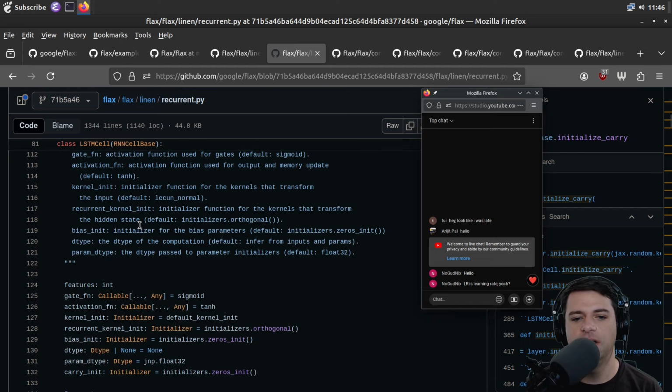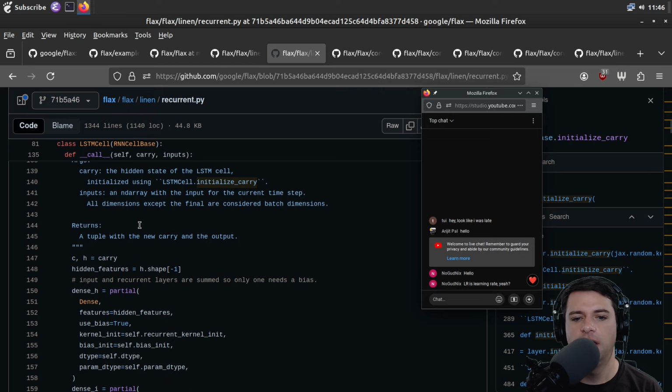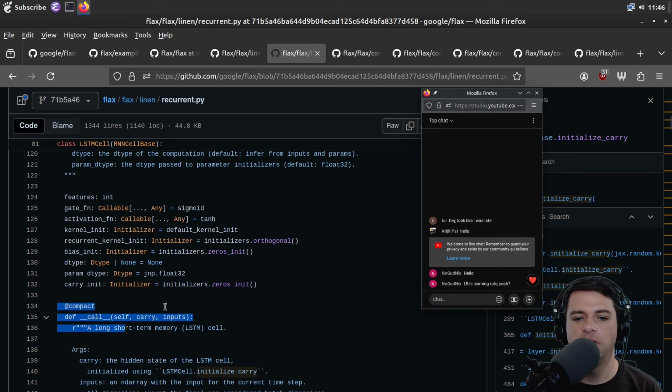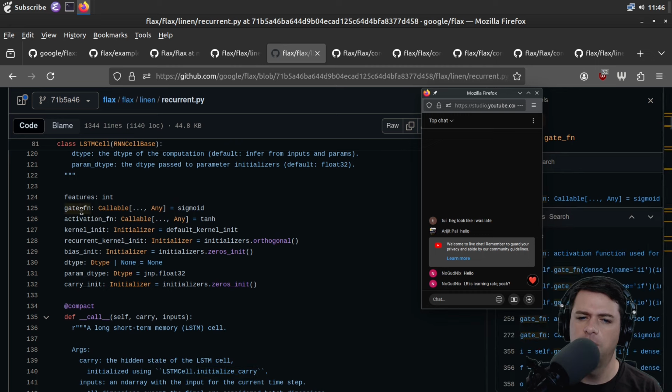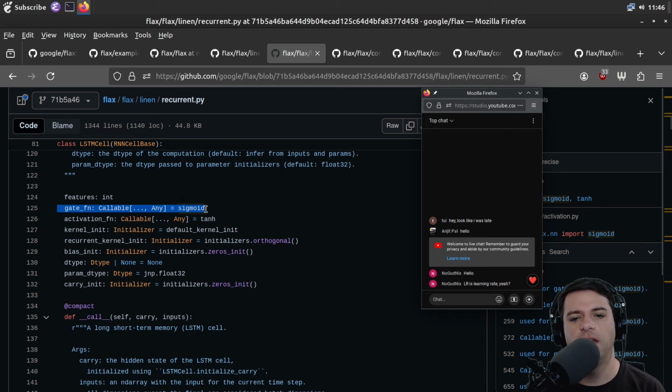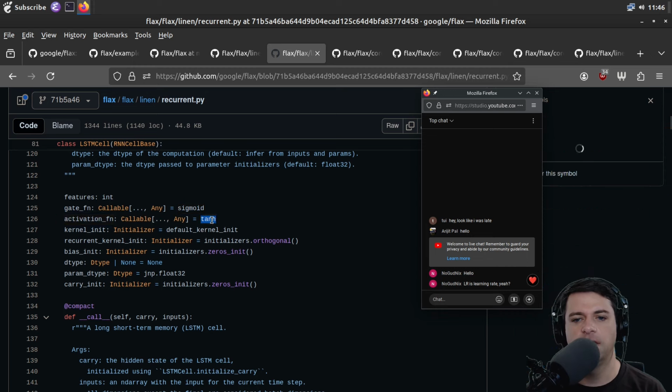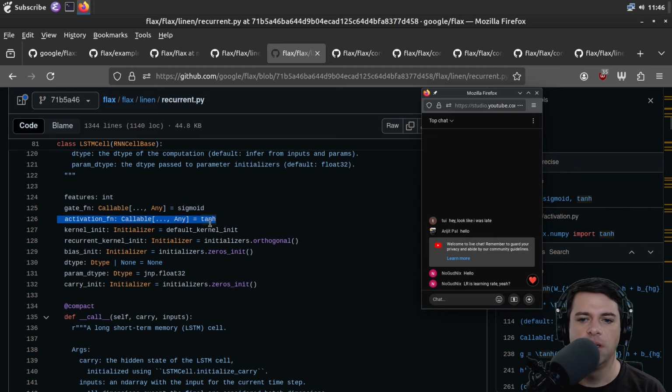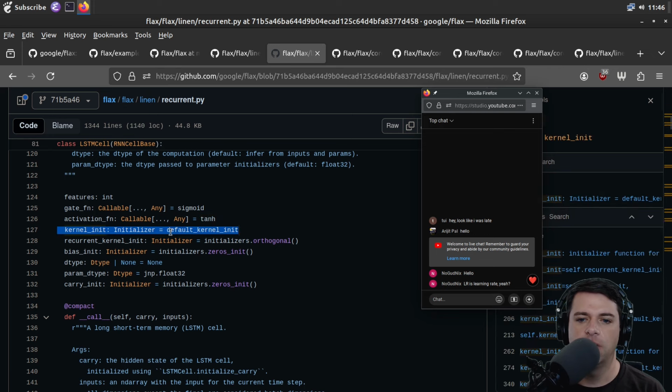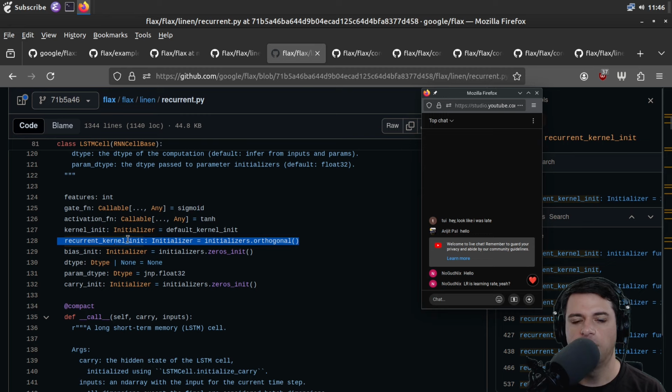And the LSTM cell has some call function, so you can call it. It's got a gate function. I don't know if that's how forgetting is implemented, but it's a sigmoid. There's some sort of gating function provided by the sigmoid. There's the activation function, which I guess is probably like neuron activation, a hyperbolic tangent. A kernel init, I'm not sure what the kernel is up to. A recurrent kernel init, I guess that's different from the regular kernel.